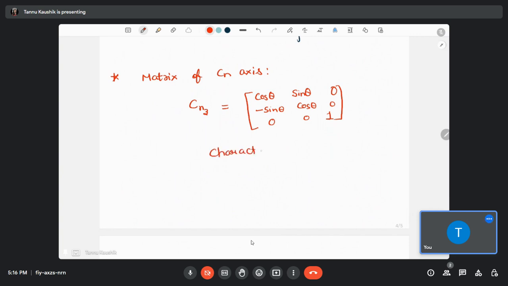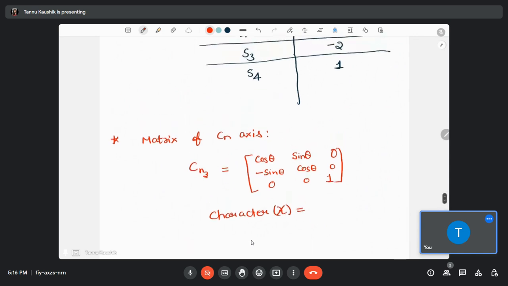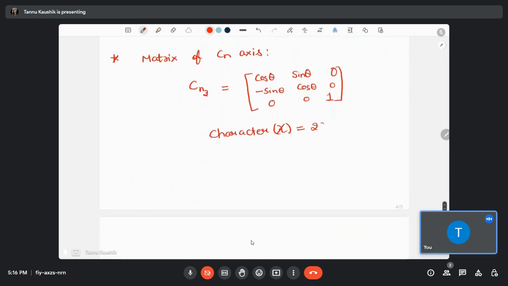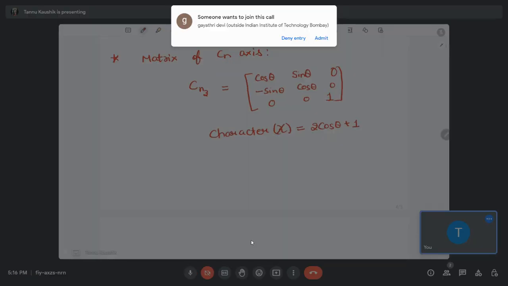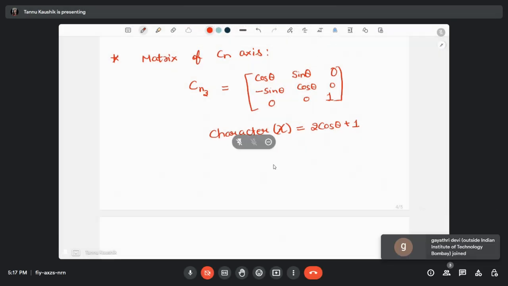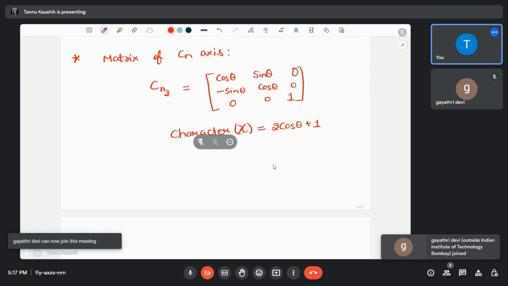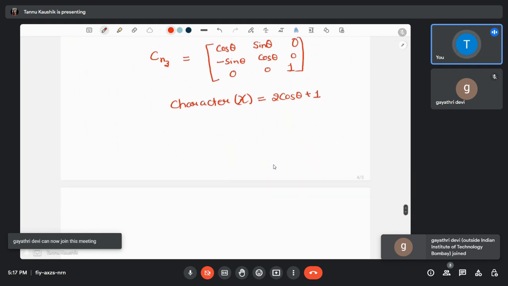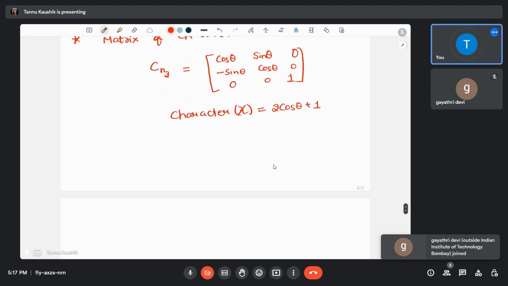And what will be the character? It will be the sum of the diagonal elements, which is 2 cos theta plus 1. For example, we took this C3 axis.